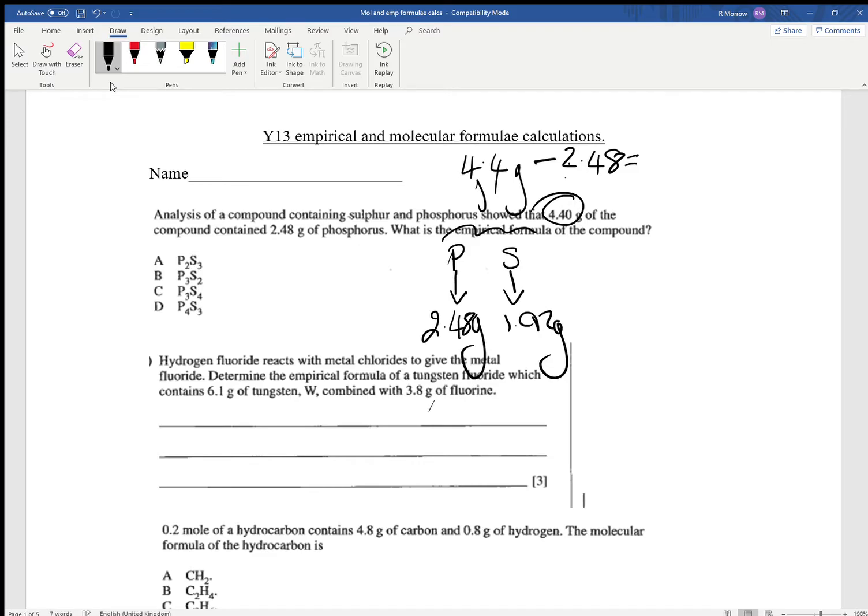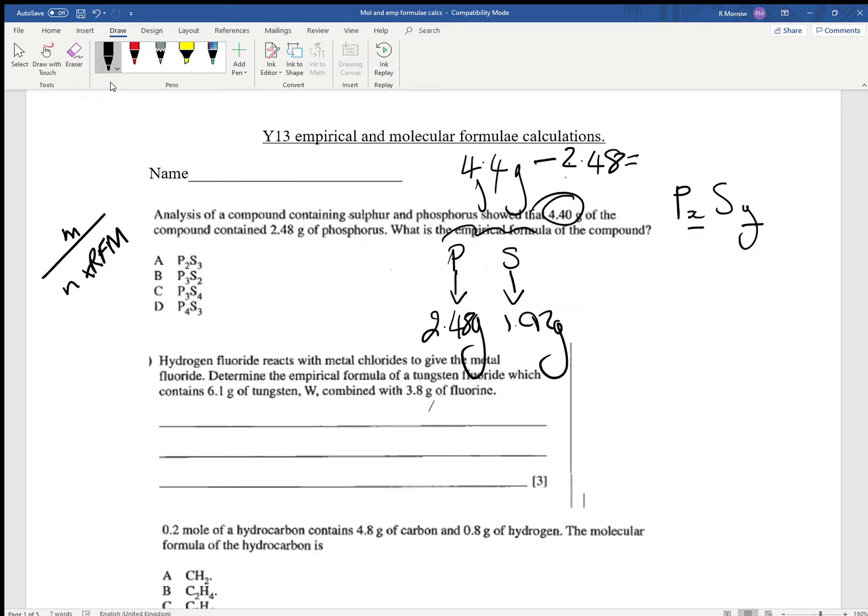So that means that we end up with 1.92 grams of that. Now remember what I said earlier, our P to S ratio here, really what we're talking about are the number of moles of phosphorus to the number of moles of sulfur. So we've got to get moles, and we've got to then go back to our good old faithful, mass equals number of moles times the RFM.